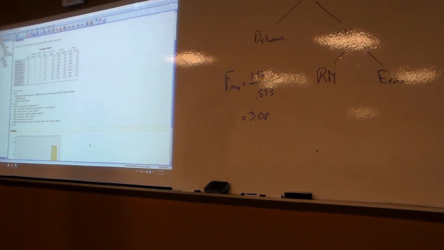But I don't know if I'm super worried about it necessarily. Again, we talk about an F max of 3 or above starting to become problematic with unbalanced designs. This is not an unbalanced design, because it's a one-way design.